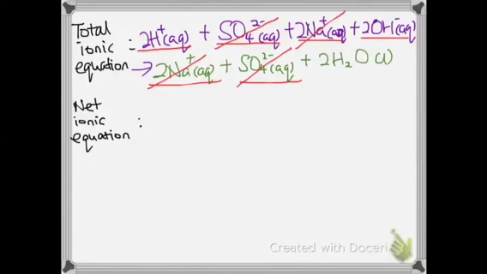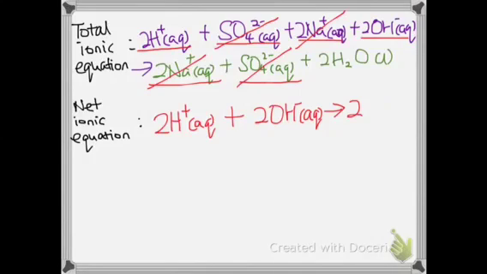So therefore, our net ionic equation can be written as 2H+ (aq) plus 2OH- (aq) to give you 2H2O (liquid). Now, as you might have noticed, they all have the same stoichiometric coefficient, so that can be simplified.